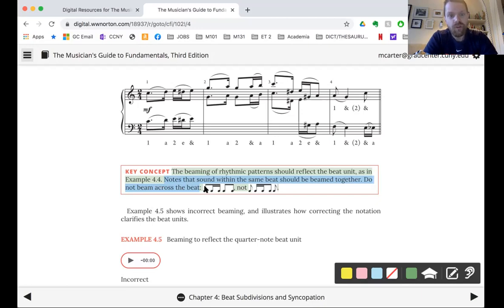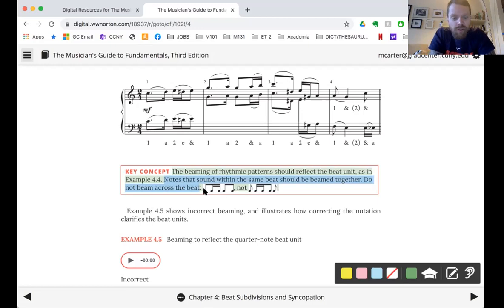So you would beam this rhythm 1 and a, 1 and a. There's this first one, right? This 8th note and these 2 16th notes, 1 and a. I'll sing the second 8th note. So this would go 1 and a 2 and 1 and a 2 and 1 and a 2 and.